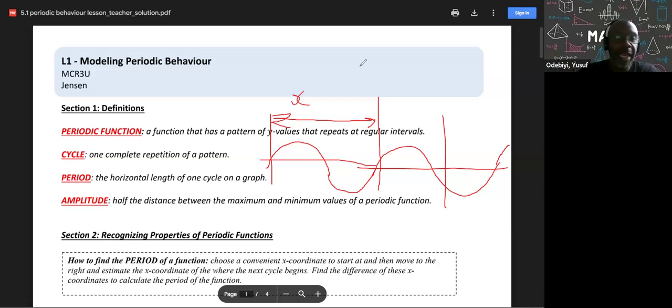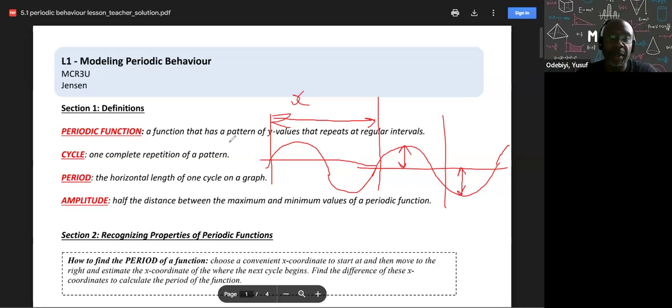And then you have the amplitude. The amplitude is the distance from here to there, the halfway distance between the max and min of the periodic function. So here would also be an amplitude, right? That distance there. So that's what we're looking at.